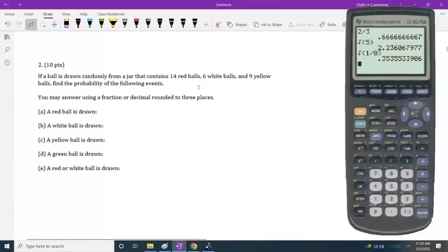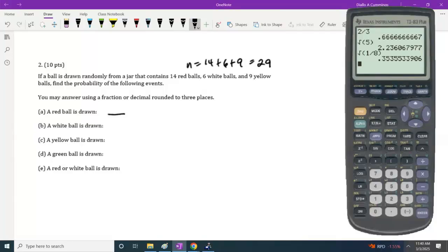So in the jar, we have a total of how many balls? 29, right? So N, which is the total number of balls in this case, is 14 plus 6 plus 9, which is 29. For A, it says the probability that a red ball is drawn. So here we only have one event, so I'm only going to map out one outcome for one event.